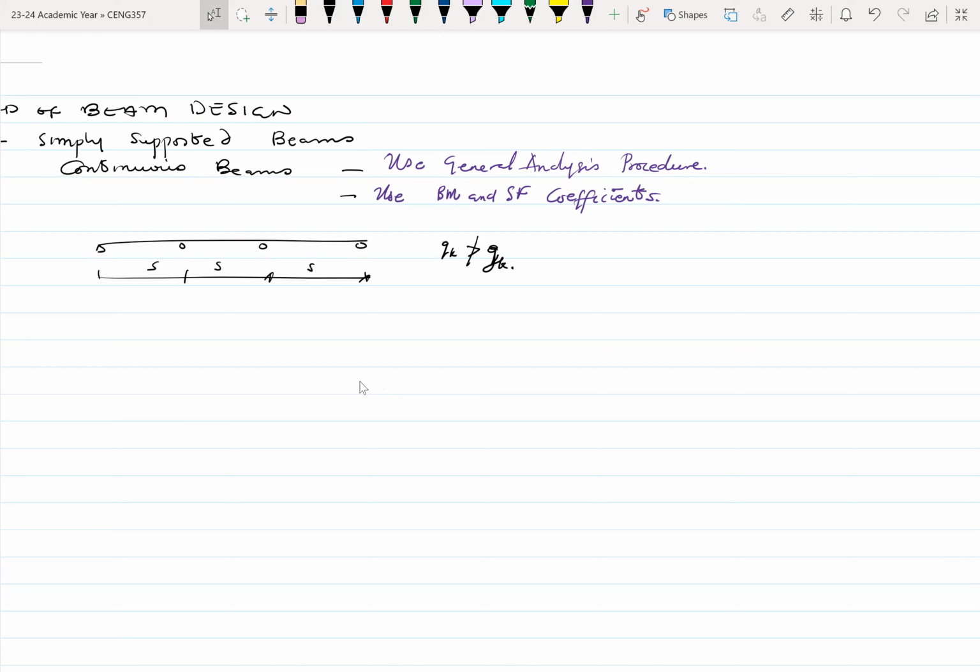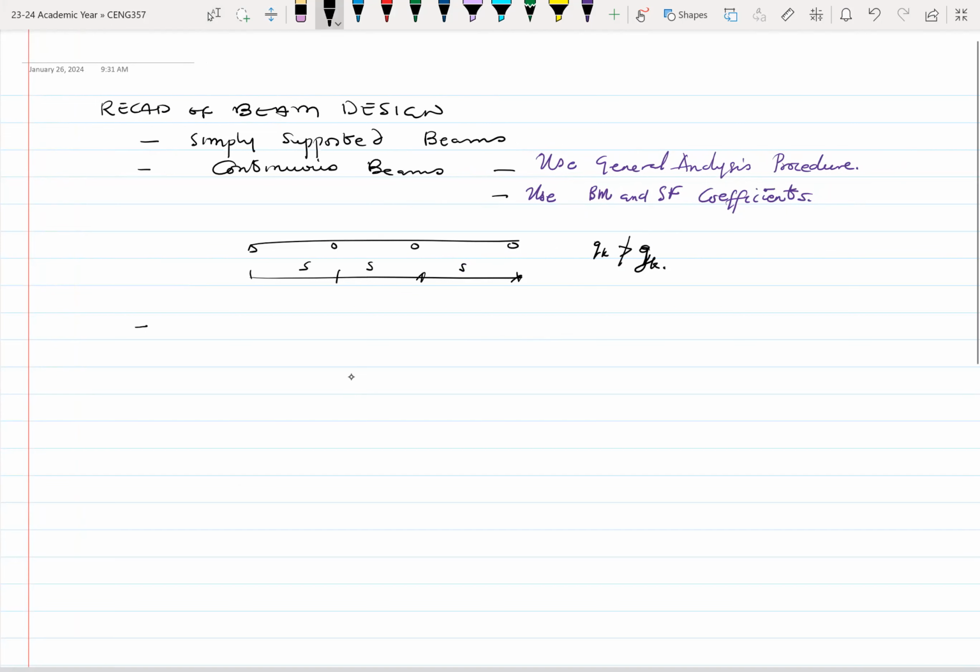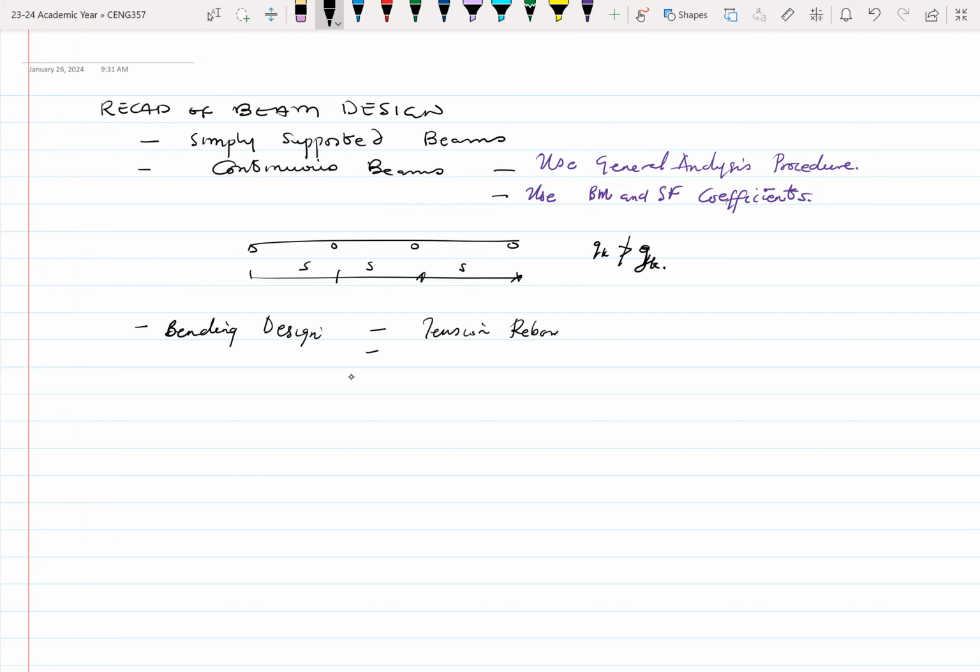So that's basically what we're looking at. And then again, when you are dealing with design, for bending design, which is moment design, you check whether it is tension rebar only, or you need both tension and compression rebar.